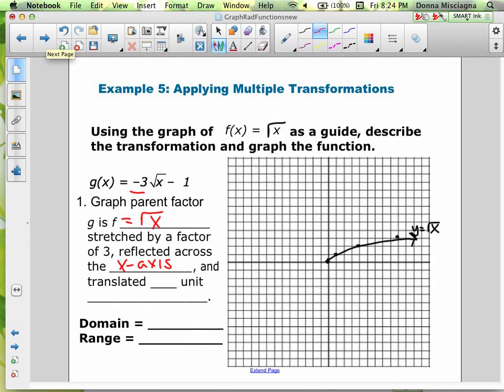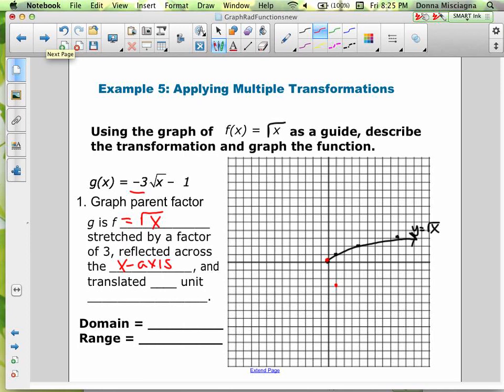Now, you could do the stretch and then the reflection, or you can do it all at one time. Normally if I was stretching, instead of 1, I'd do 1, 2, 3, I'd make it 3 times as much. It's going to be 3 times as much, but in the negative direction, because we have -3. If it helps, you could multiply 1 by -3, and you'd get -3.